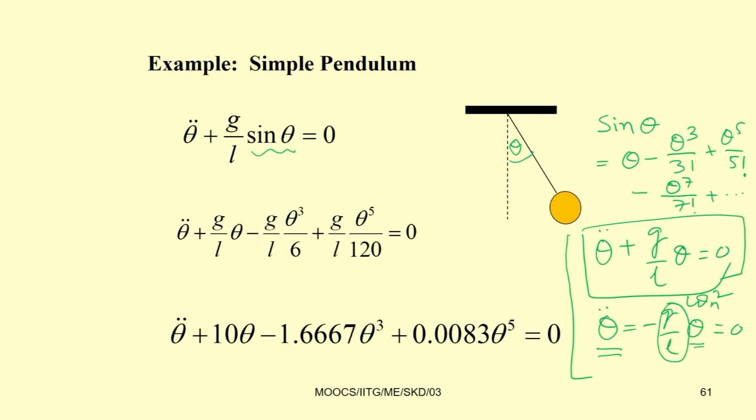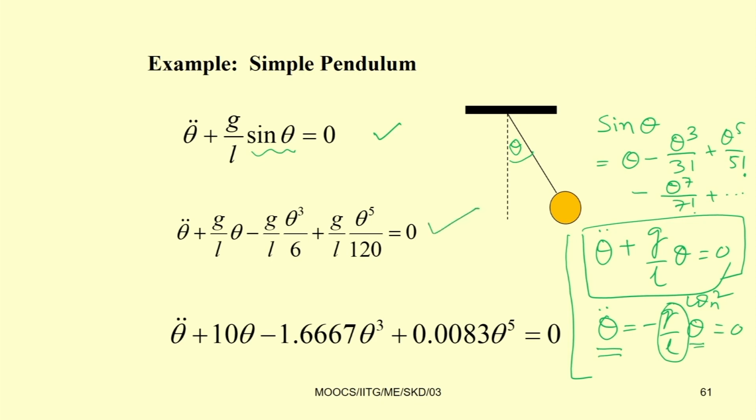By taking the first three terms, we can write this equation as theta double dot plus g by L theta minus g by L theta cubed by 6, where 3 factorial is 3 into 2, that is 6, plus g by L into theta to the power 5 by 5 factorial. 5 factorial equals 5 into 4 into 3 into 2 into 1, that is 120.